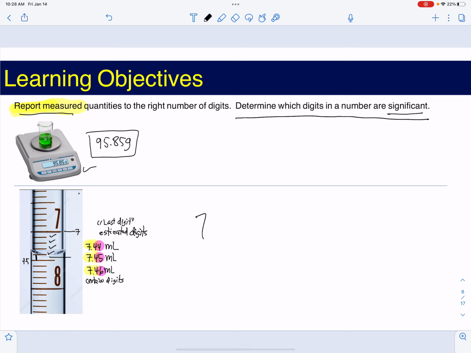Well, the 7 is significant, the 4 is significant, and the 4, 5, or 6 are also significant because it's telling us that we are estimating. So which numbers are significant on a measurement? Any certain digits, the ones everybody can agree on, and the last estimated digit.